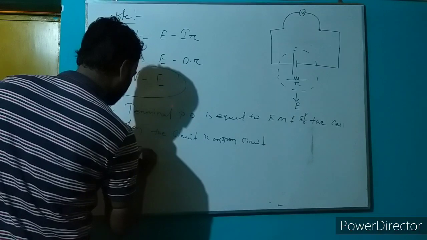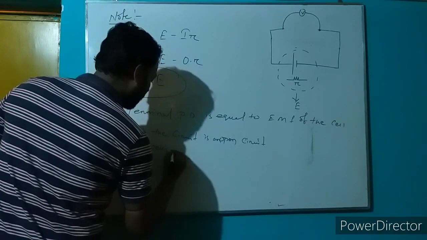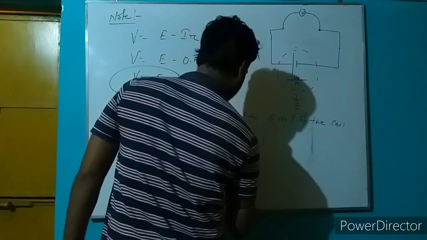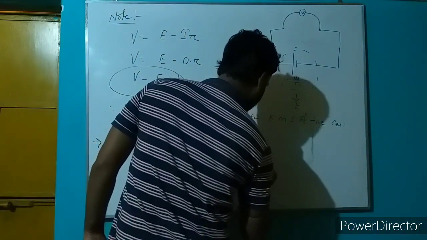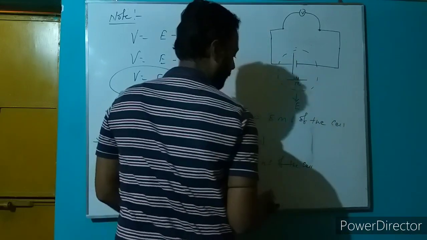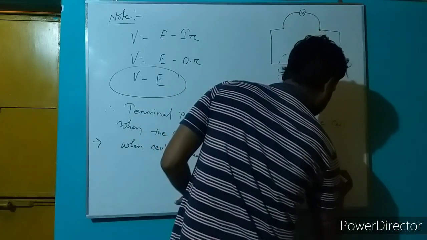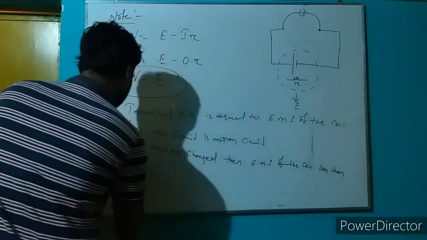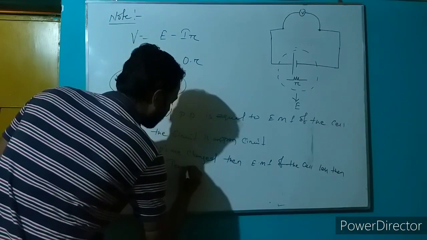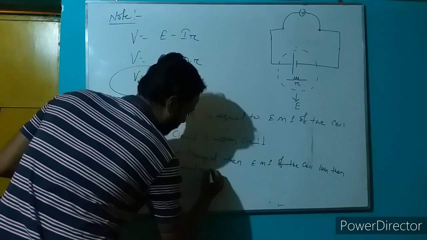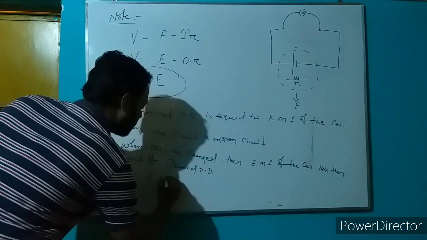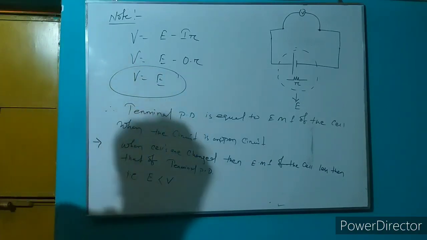When cells are charged, then the EMF of the cell is less than the terminal potential difference. That means E less than V. Clear?